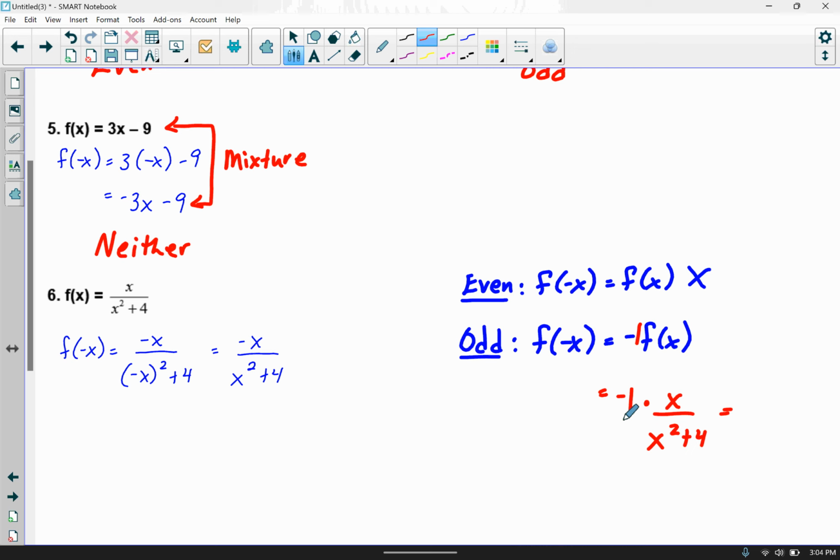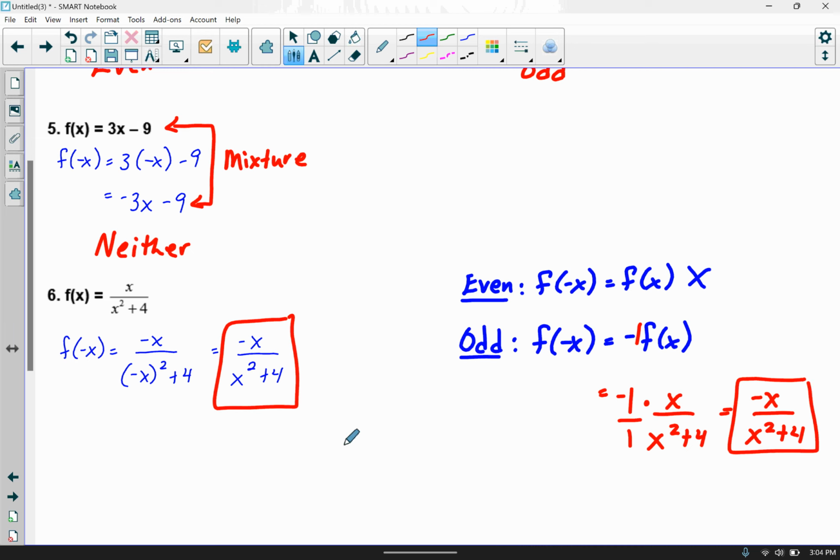So think about this negative 1 out here. This is like negative 1 over 1. When you multiply 2 fractions, you multiply straight across. So that would give me negative x over x squared plus 4. So sure enough, here's f of negative x. This is negative f of x. They are the same, so that means this function is odd.